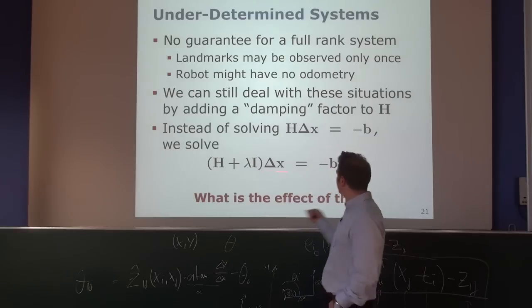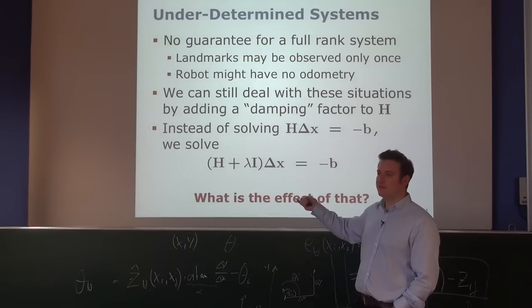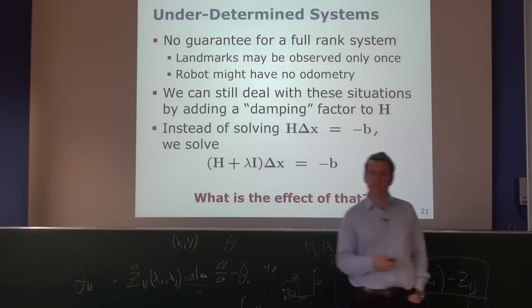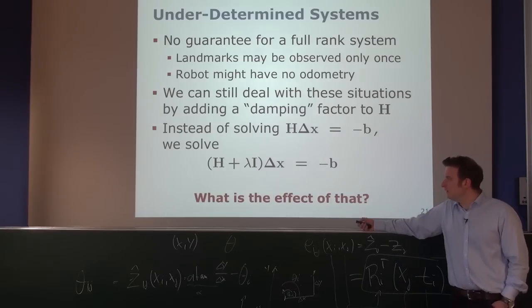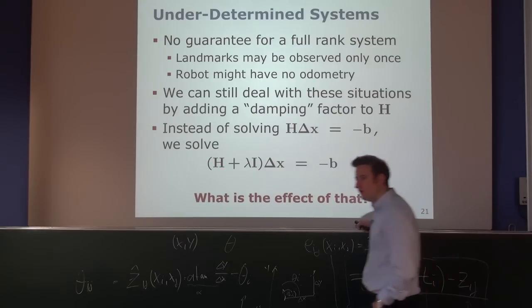I replace the matrix H by H plus a scalar lambda times the identity matrix. What is the effect of this operation? So I have a matrix H, and I add the identity matrix times a, say, potentially very small scaling factor.